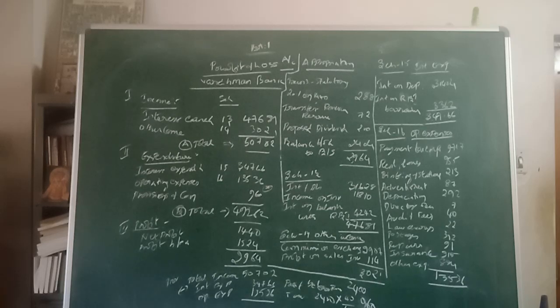P&L account or balance sheet, whatever it may be, we have to prepare as per the schedule only. Number 2, no old format of T-shape accounting, only the schedule we have to prepare. Then for the P&L net profit we have to calculate the final amount of profit carried over to the balance sheet after appropriations.